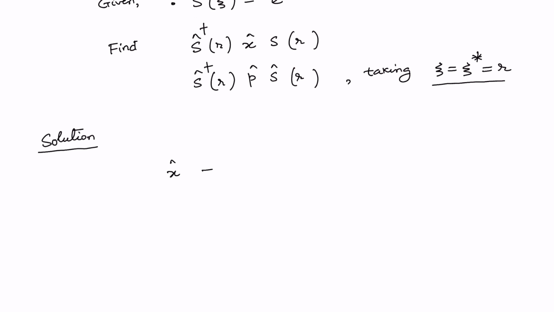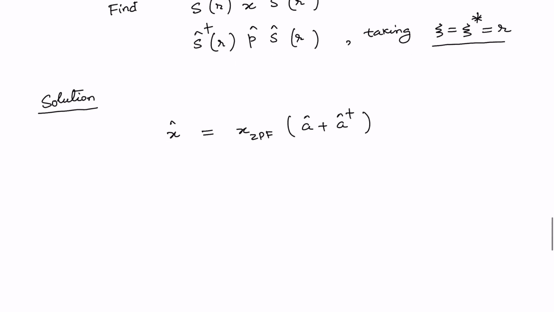We know that x is equal to x zero point fluctuation into a plus a dagger, and the momentum operator we can write as i m omega, where omega is the oscillation frequency of the harmonic oscillator, x zero point fluctuation into a dagger minus a.